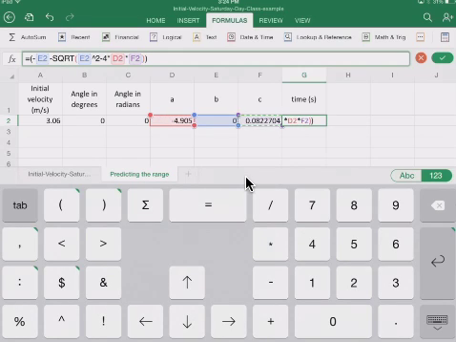So all of that is in the numerator. Now we need to put our denominator in, and that's just going to be 2 times a.